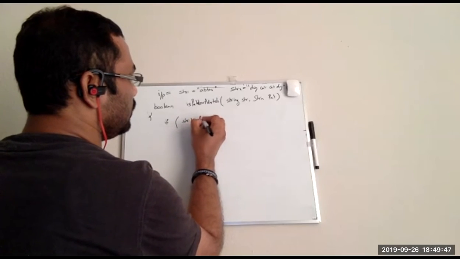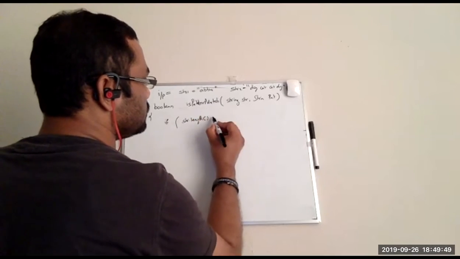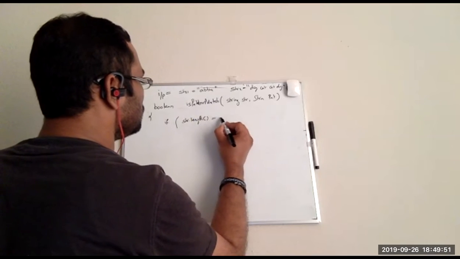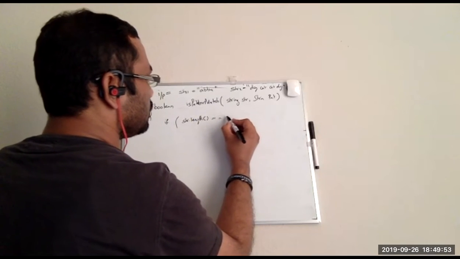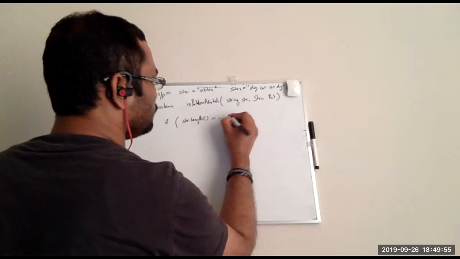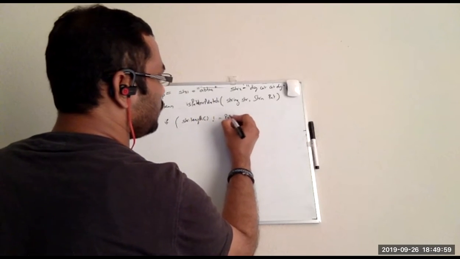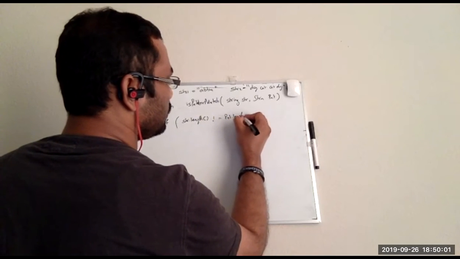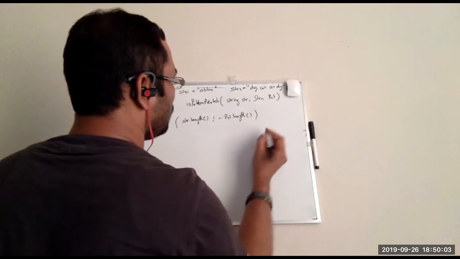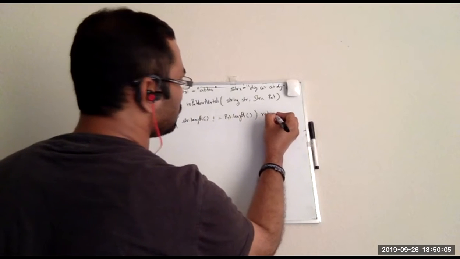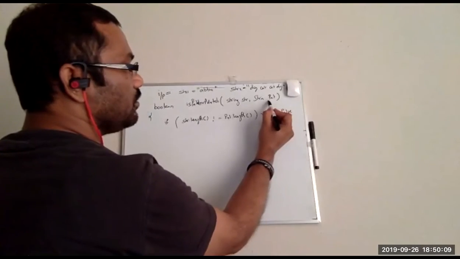String dot length, say if it is not equal to pat dot length, then we will return false. What is pat? Pat is the pattern. Yes, the parameter.